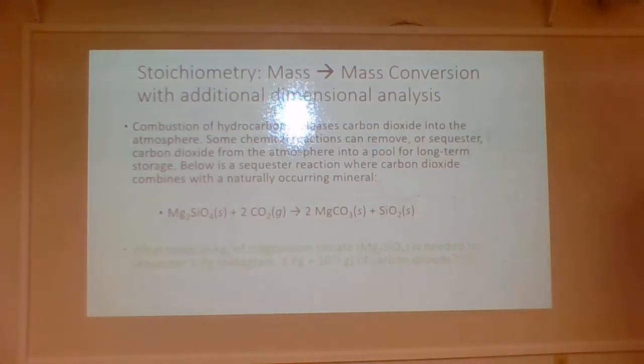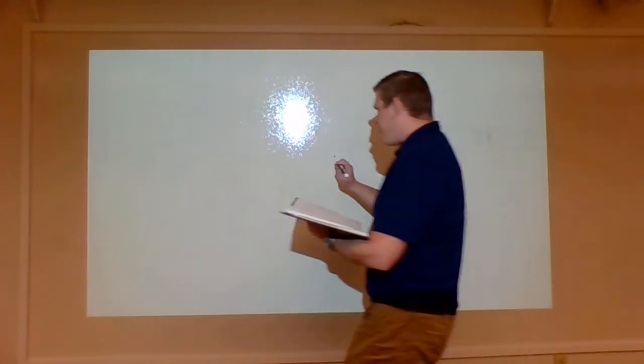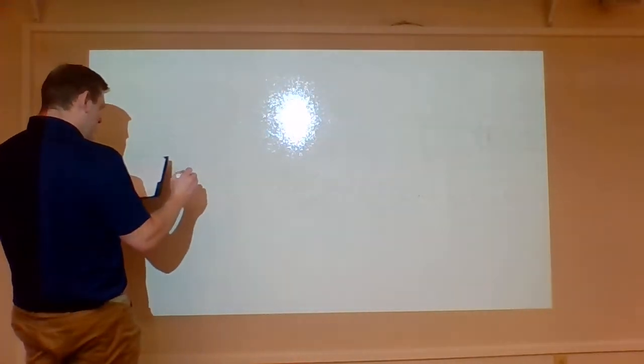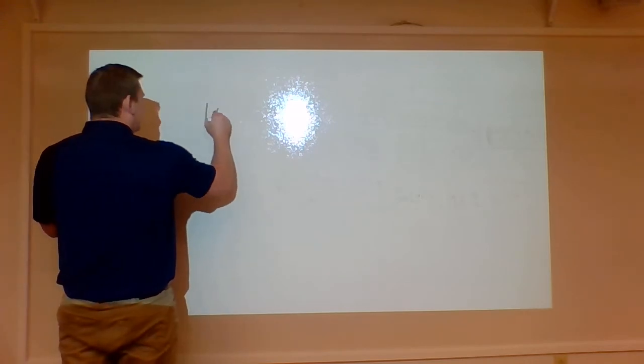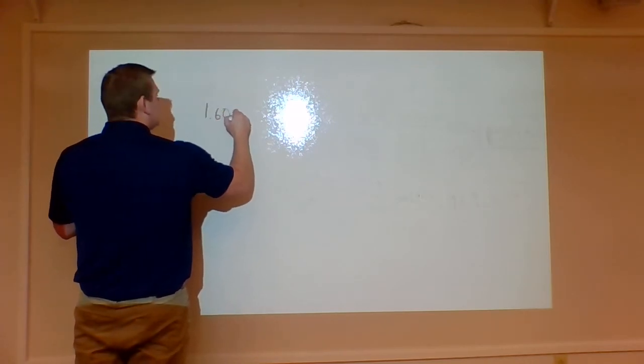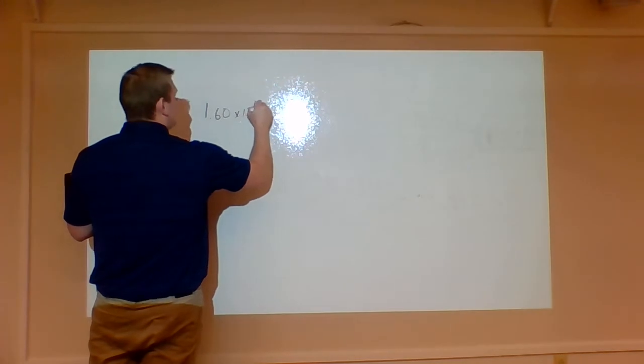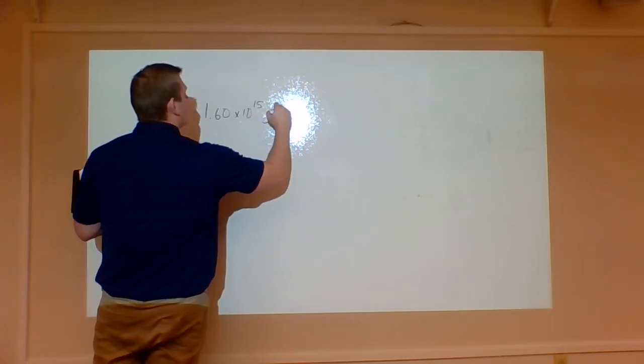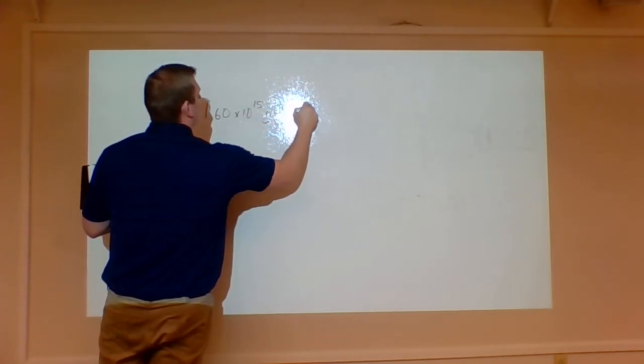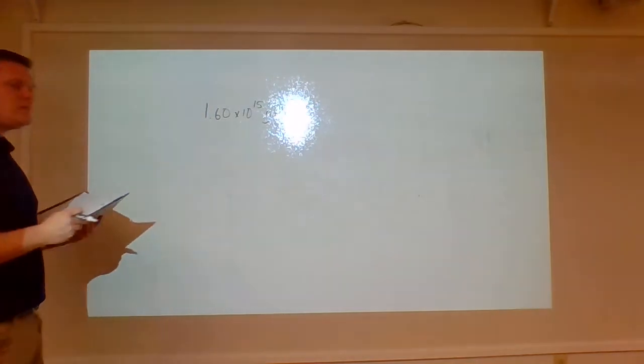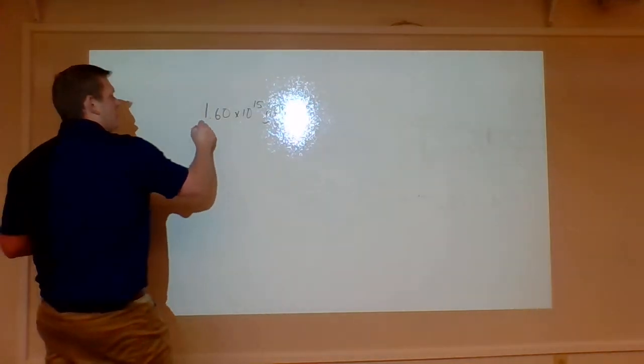Okay, so let's go back to our whiteboard for just a moment. And so we can see here that our final answer that we calculated was 1.60 times 10 to the 15 grams of Mg2SiO4. And we need to now convert that into kilograms.